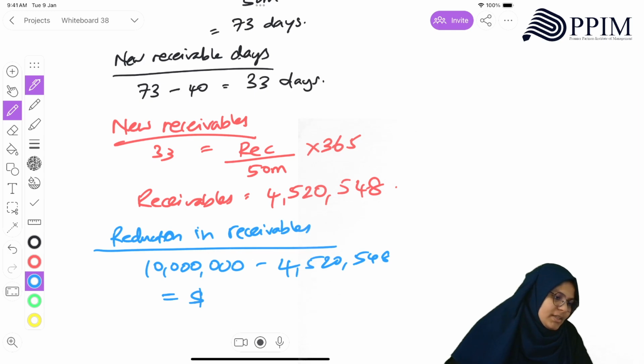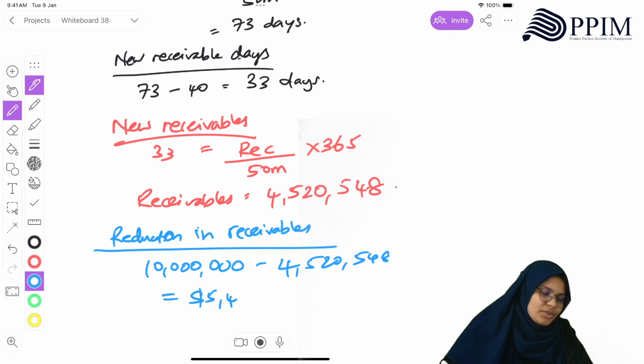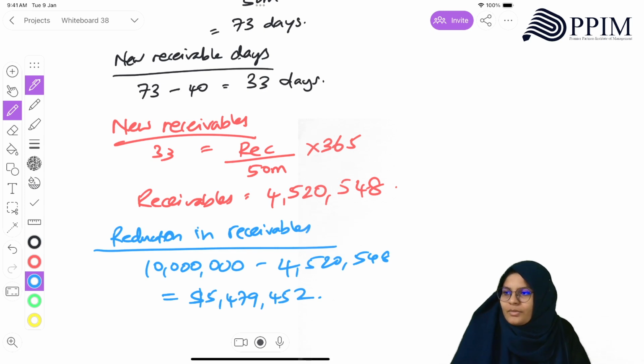So reduction is 5,479,452. Okay, so your receivables will reduce by this amount. Why? Because people are going to pay you early. Okay, so if it reduces, then you don't need to take an overdraft. So you can save on your finance cost.